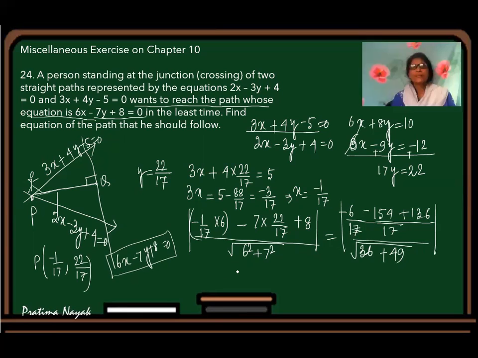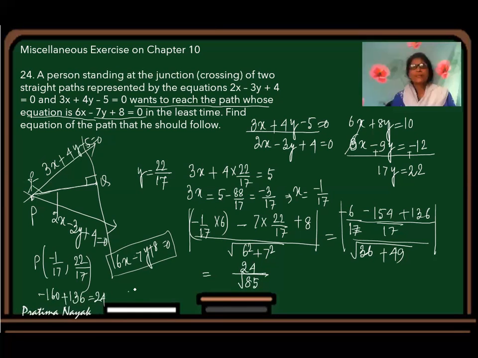So how much it will be? It will be minus 160 plus 136, so it will be 24. So 24 by how much? Square root 85. This is the distance.